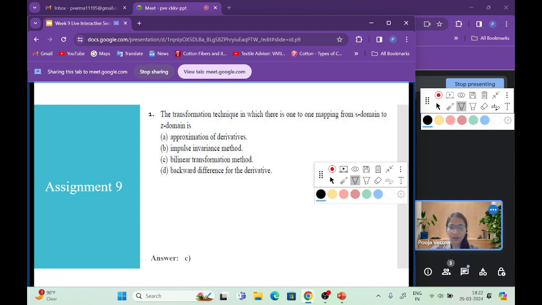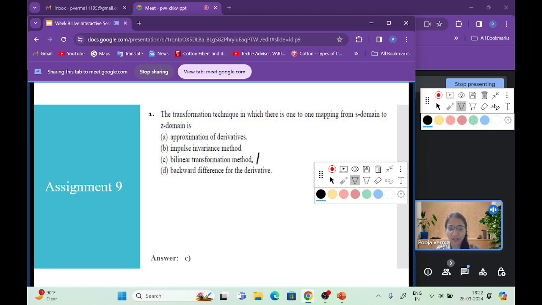For one-to-one mapping from S domain to Z domain, which technique will we use? Bilinear transformation.